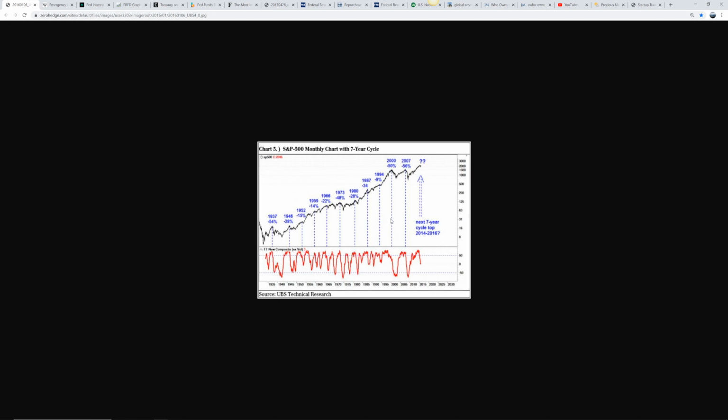Now, this chart was last updated in 2016, but you can see through these lines when we have recessions or sell-offs in the market, how far we go down. And this goes all the way back to the 30s. Our last two true recessions, we had in 2000 a 50% sell-off, and in 2007 we had a 56% sell-off.